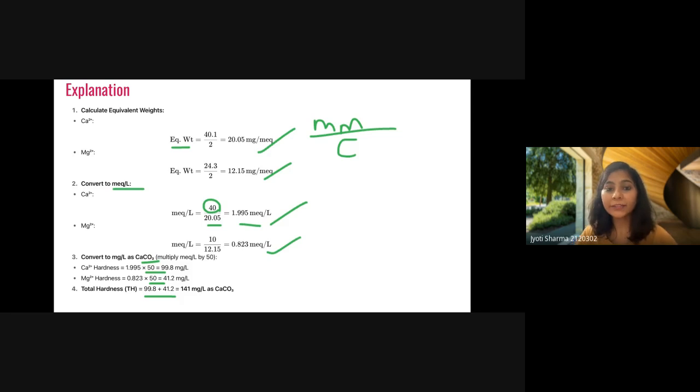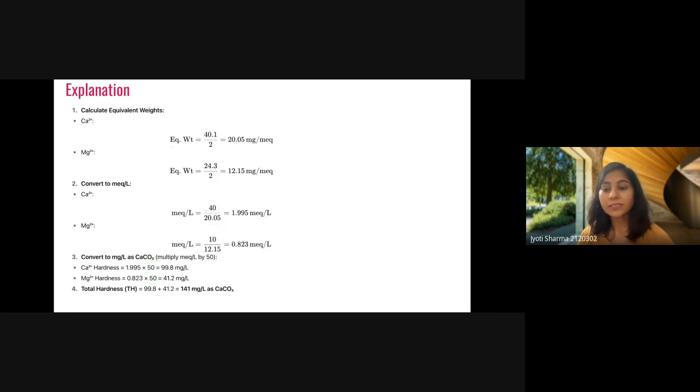If you have any kind of doubt in any of the steps, you can let me know. Any problem with this numerical? Just keep in mind, we will have the value firstly in mg per liter, then we have to convert it into milli equivalent per liter.